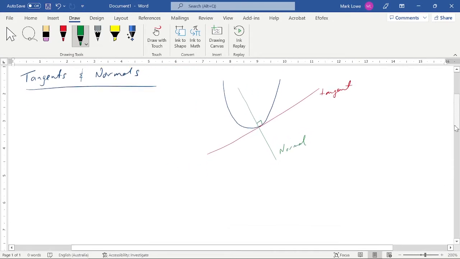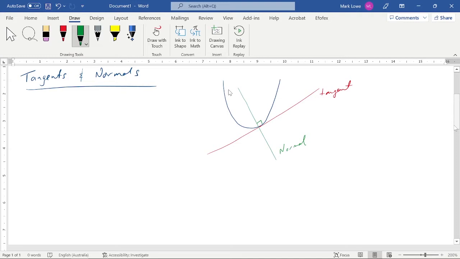Okay. So remember, differentiation, or to find the derivative, the derivative of a function is effectively the rule or the expression that will give us the gradient of the curve. So this is a parabola. We'll be able to find the derivative of that parabola. Say if it was y equals x squared, then the derivative is 2x.